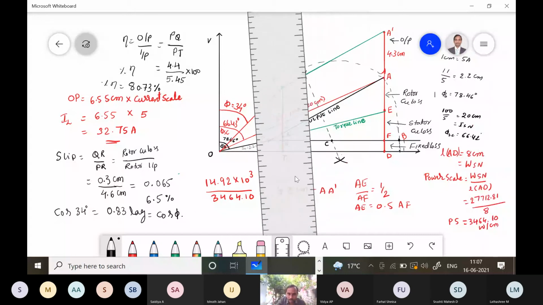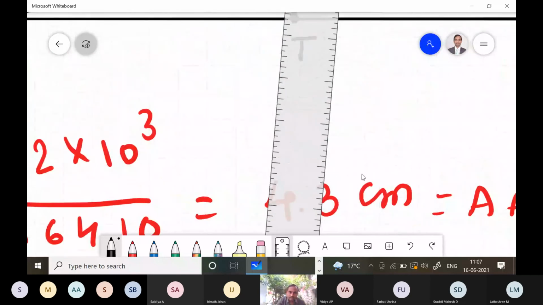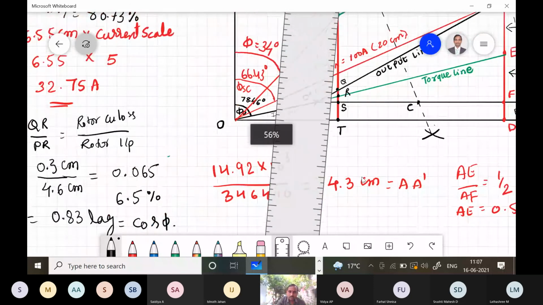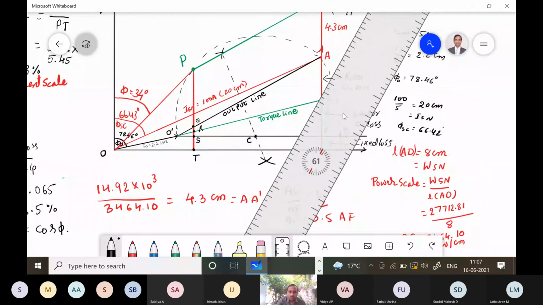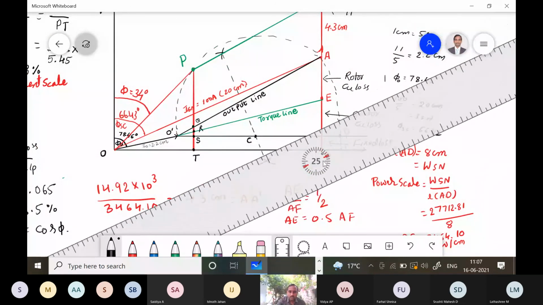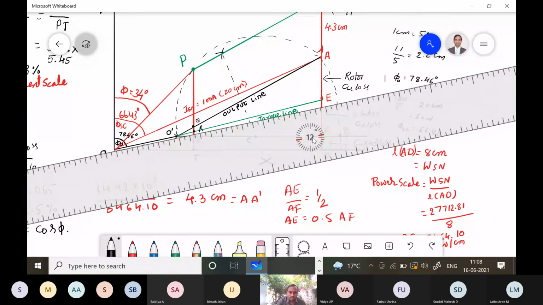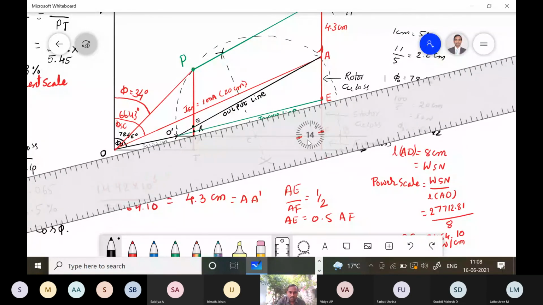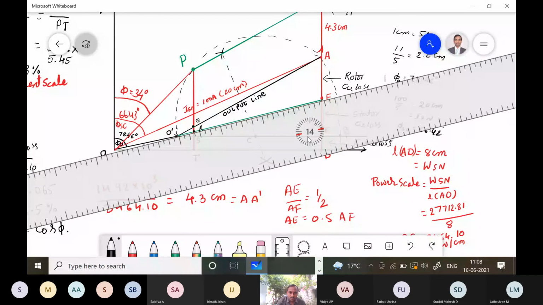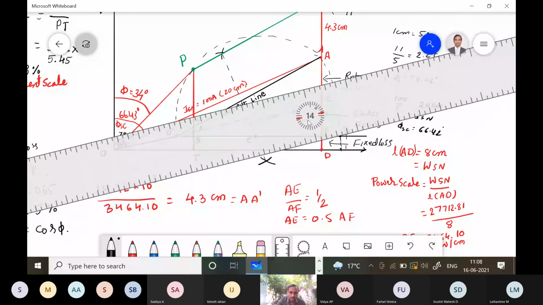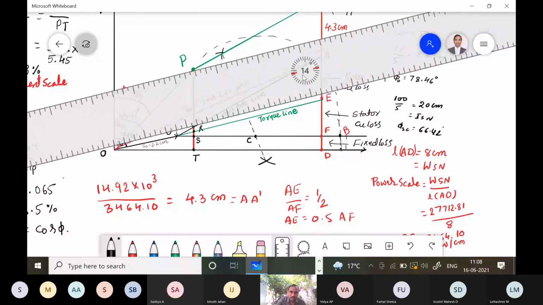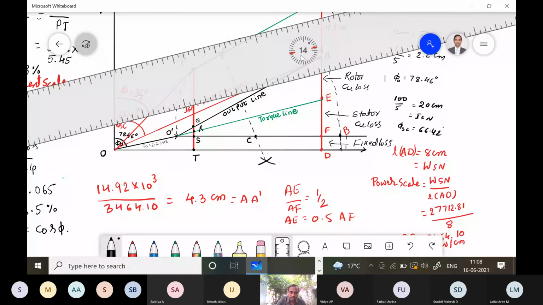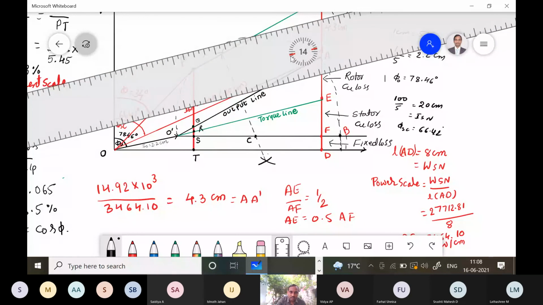The parallel line to the torque line should be a tangent to the circle, that is your semicircle.